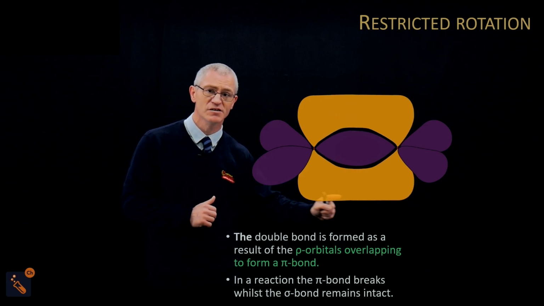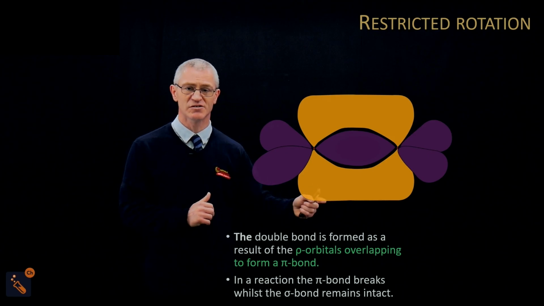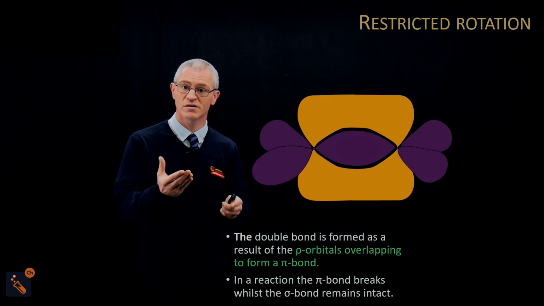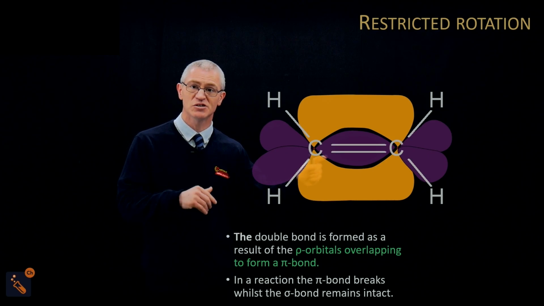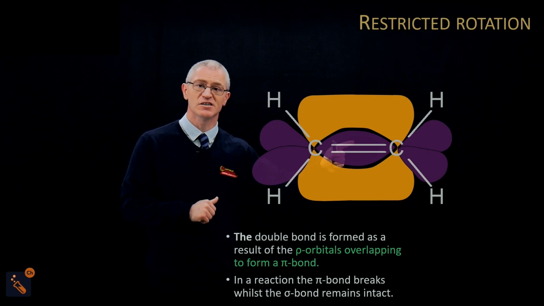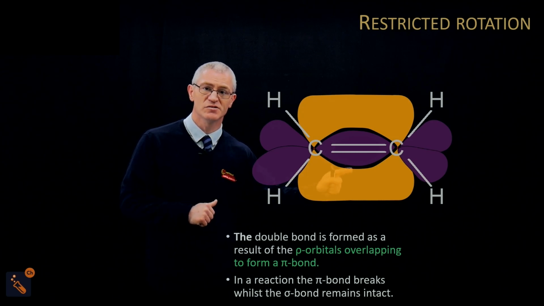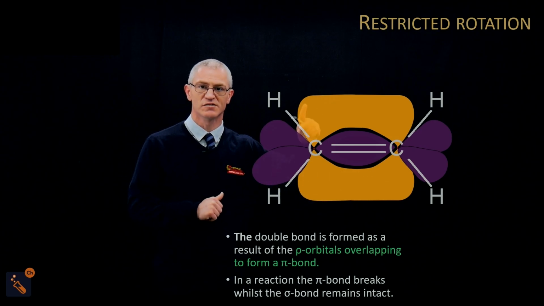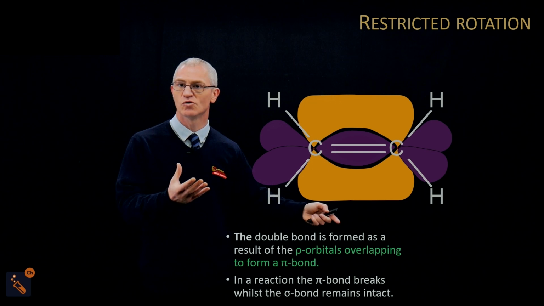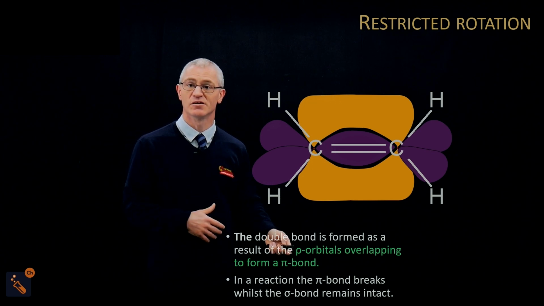And here what's forming is your double bond. Even though you see it as one line, your double bond is both of these, we call them lobes underneath. And they're formed from the p orbitals sideways overlapping to form a pi bond.